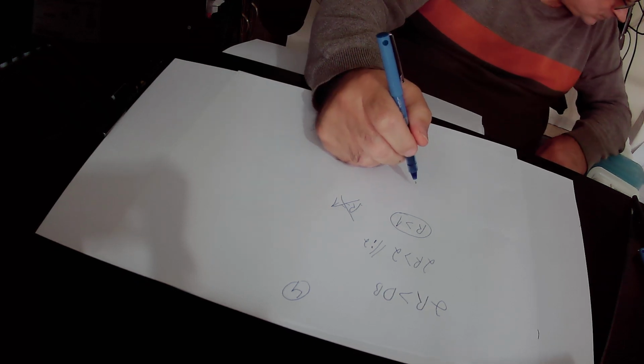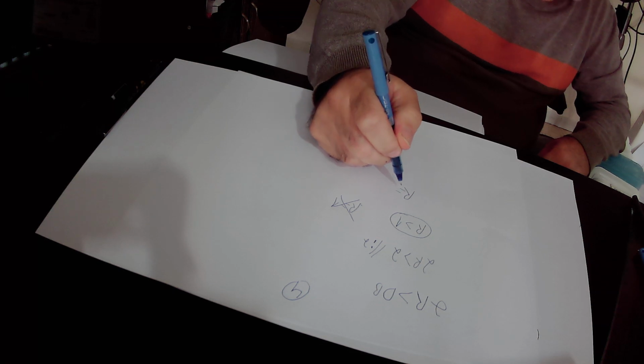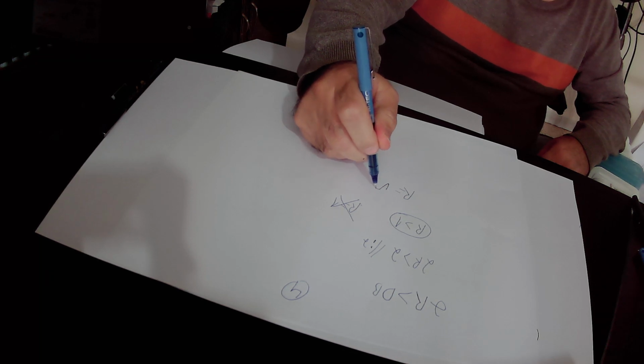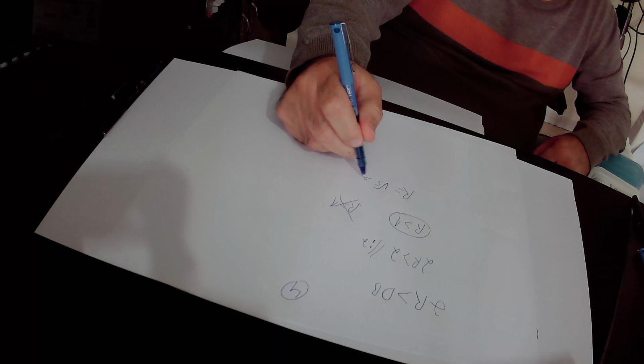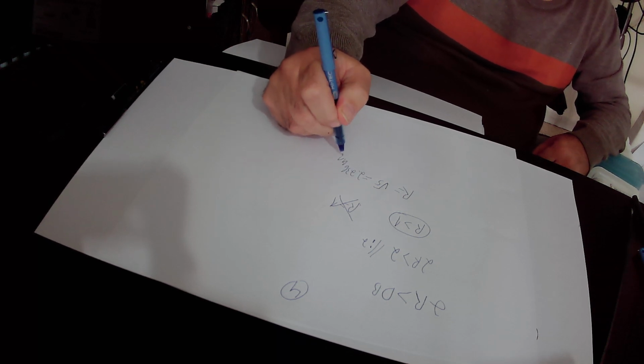Then we have R, capital R, equals square root of 5. So we're left only with the second possibility, that the radius of the circle is square root of 5 units.